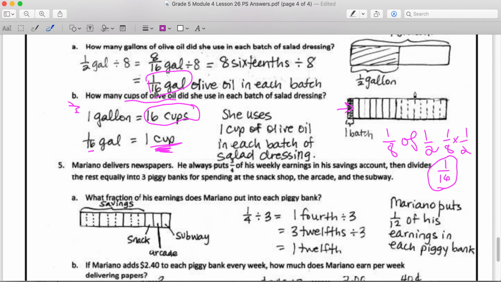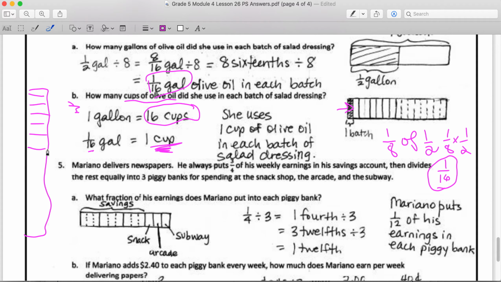Okay, you can use the same picture if you want to. Here's your gallon, and it's 16 cups. Well, what's 1 out of the 16? It's 1 cup. I don't know if that is going to confuse you. I can do it here on the side if that's going to confuse you. Again, you can divide this into 16. Here's my 1 gallon.